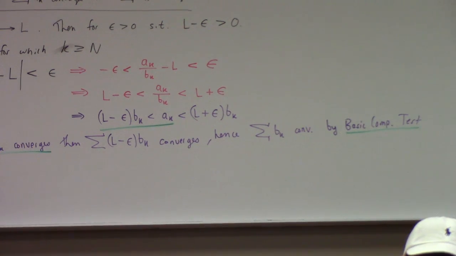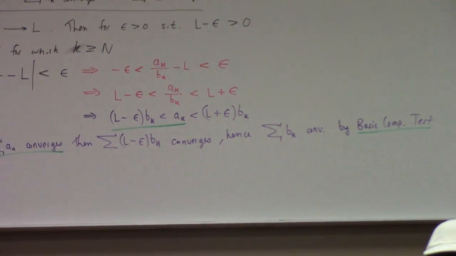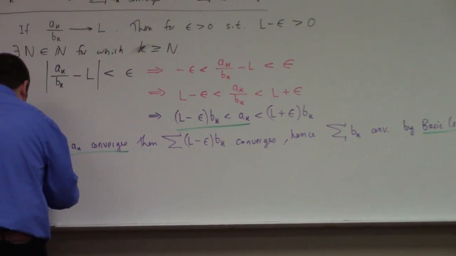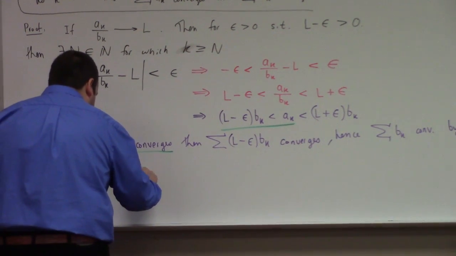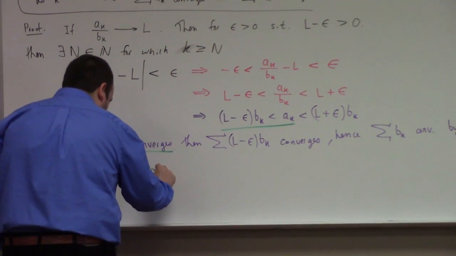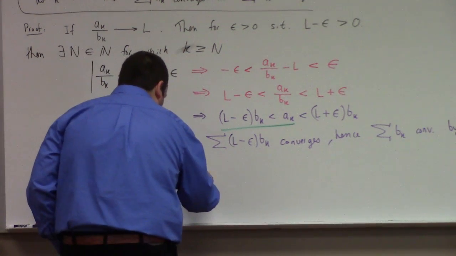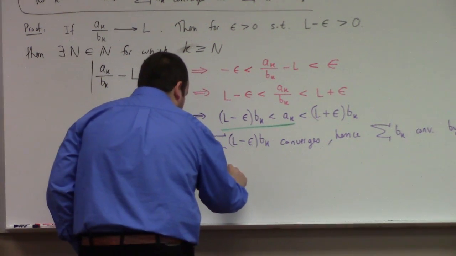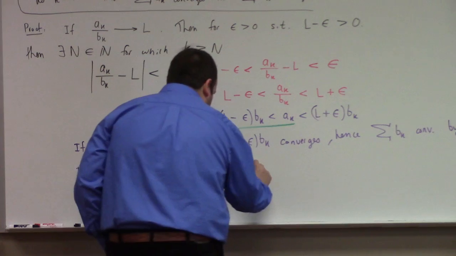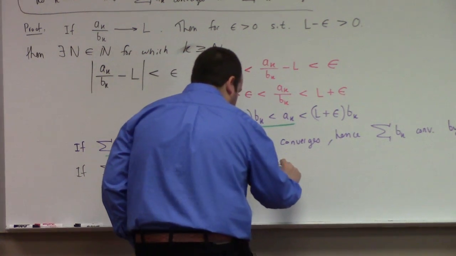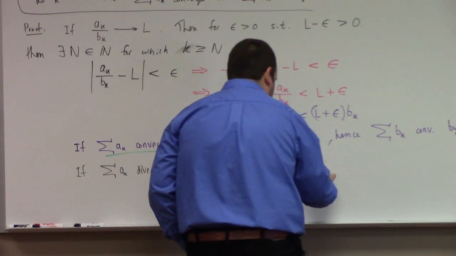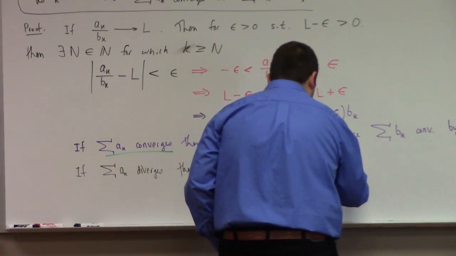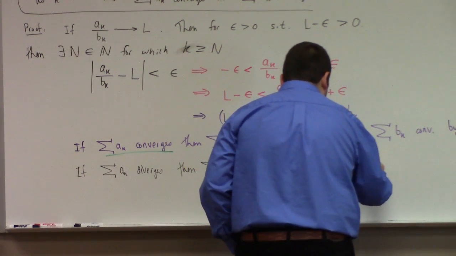Conversely, if the sum of a sub k diverges, then the series L plus epsilon times b sub k diverges. Hence, the sum over b sub k diverges.